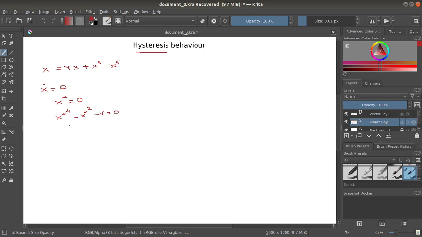To solve this, I'm going to introduce a new variable p, which is equal to x star squared, so that I can rewrite this equation as p squared minus p minus r is equal to 0.